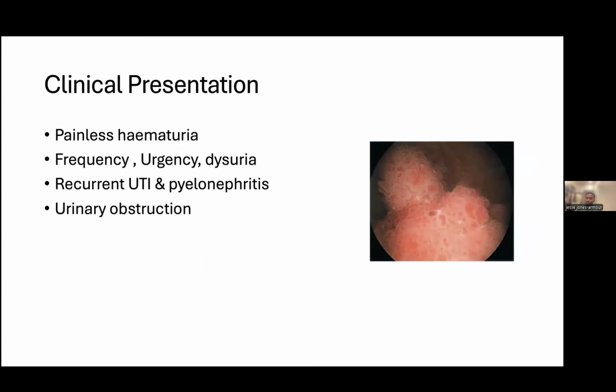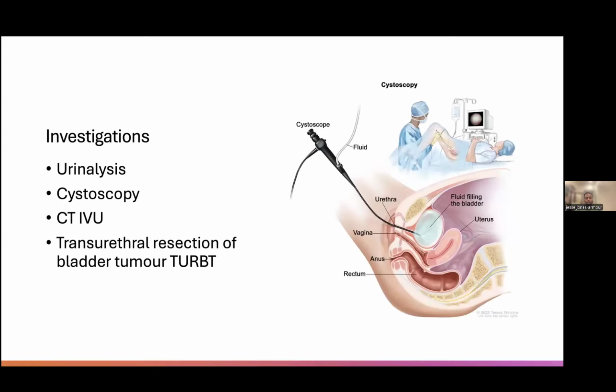Depending on how large the mass is, as well as where it is located, you could have some lower urinary tract symptoms, such as frequency, urgency, and dysuria. You may have recurrent UTI and pyelonephritis if it causes urinary obstruction, such as if it is near the ureteric orifices or if it is in the ureter or renal pelvis. So investigations would include your urinalysis.